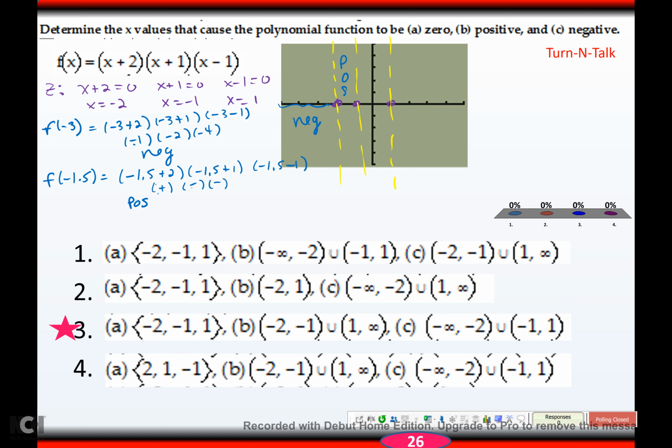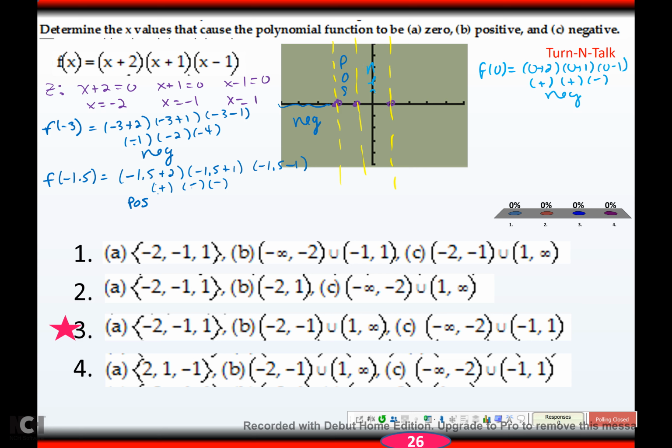Now I need to pick something between negative 1 and 1, and I always pick 0 whenever I can. So if I find f of 0, I'm going to have 0 plus 2, 0 plus 1, 0 minus 1. This is going to be positive, this is going to be positive, this is going to be negative. A positive times a positive is positive, times a negative is negative.